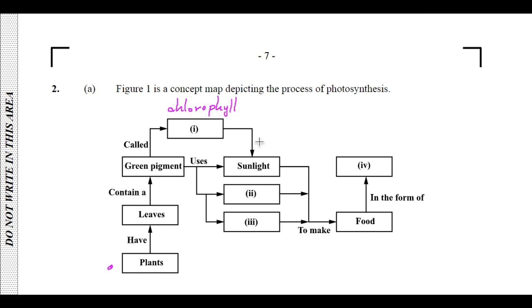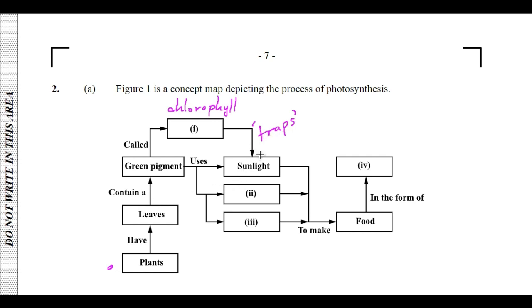So chlorophyll picks up sunlight, or traps sunlight, and this is in big air quotes because at this level we'll use the different terms.